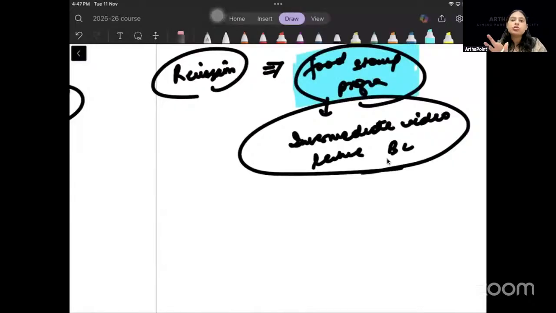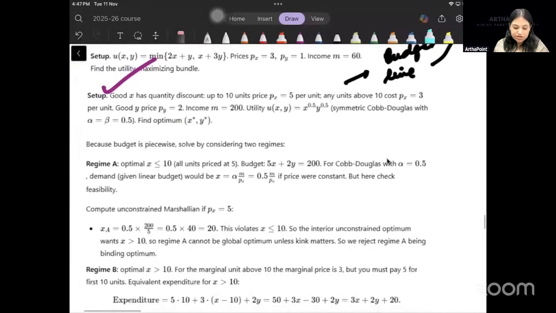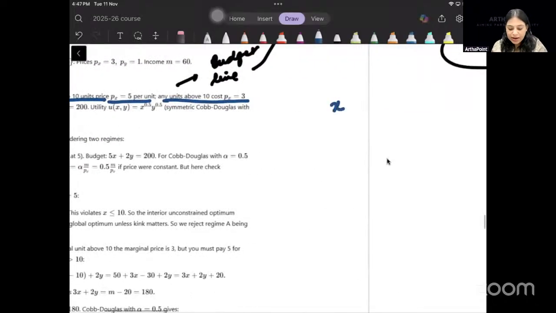What kind of questions will be asked in the exam? So I have written a similar question here, so read it out. It says, suppose good X has a quantity discount: up to 10 units, the price is 5, and for any unit above 10, the price is 3, right? So if you buy X up to 10 units, your price of good X is 5.